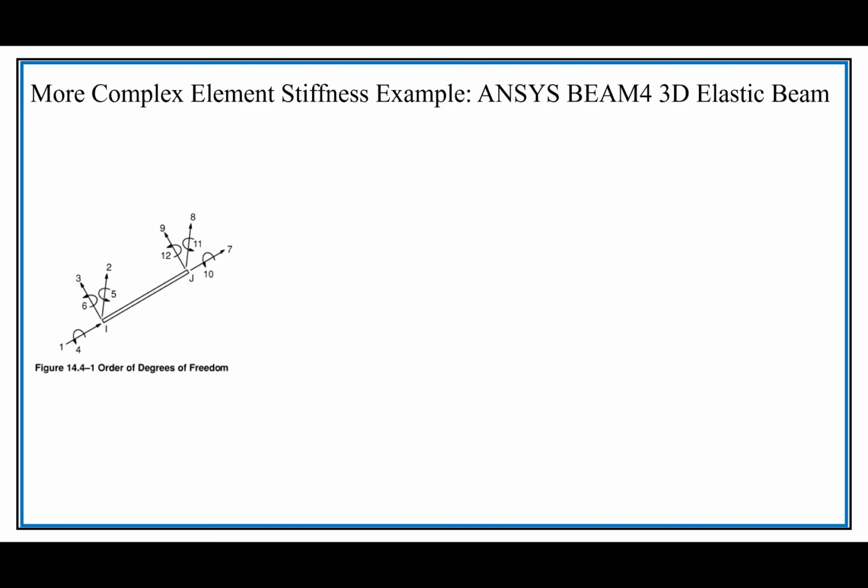Okay, so here's an example from an ANSYS Beam 4. SolidWorks Simulation doesn't have a whole lot of different elements to choose from, but all the other codes have a large element library to choose from, and one of them would be maybe a Beam 4 for a 3D elastic beam, and each node on each element has, in this case, 6 degrees of freedom.